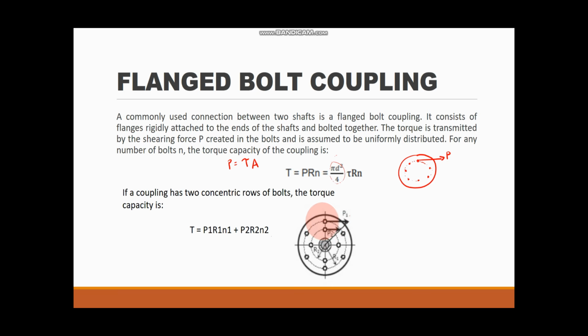And then this is its radius from the center. And then for the inner circle, we have here the force acting on the center of the bolt also, and it's tangent to the inner bolt circle. So this is the formula.